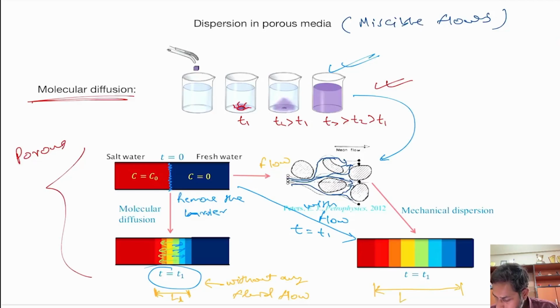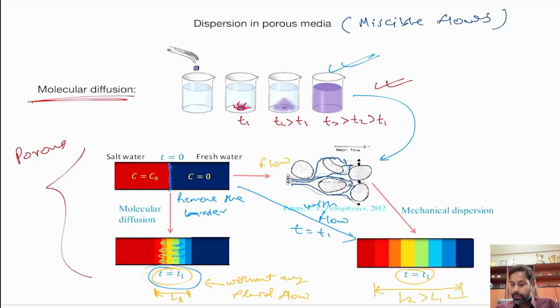So if this is L2, that is now greater than L1 for the same time T1. So this T1 that you see is the same as this T1. So for the same time, since the barrier was removed, the total length of mixing has become greater when there is fluid flow compared to when there was no fluid flow, right? And this happens because of this property called mechanical dispersion in porous media.